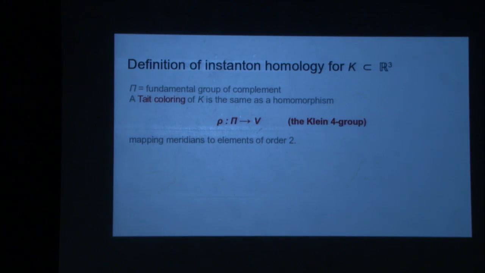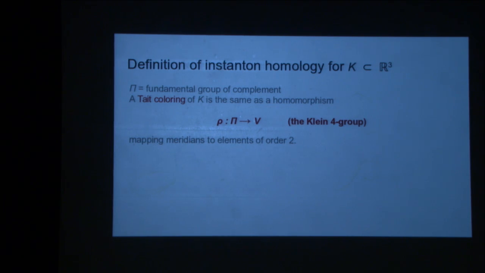And as you would do in a topology course for a knot or a link, you can consider the fundamental group of the complement. So many knot invariants might start from the fundamental group of the complement of a knot.